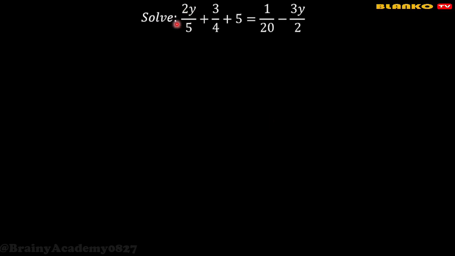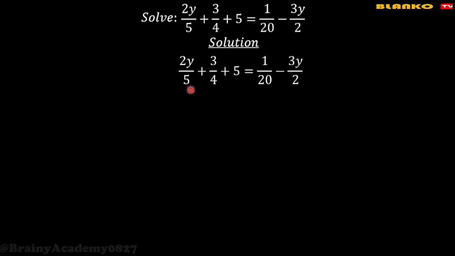So we have to solve 2y over 5 plus 3 over 4 plus 5 equals 1 over 20 minus 3y over 2. So the solution. So we are given 2y over 5 plus 3 over 4 plus 5 equals 1 over 20 minus 3y over 2.